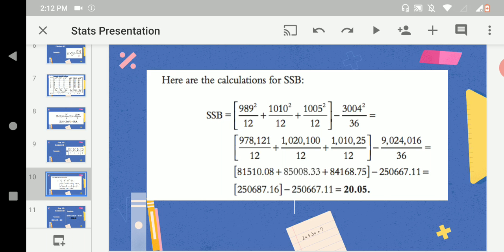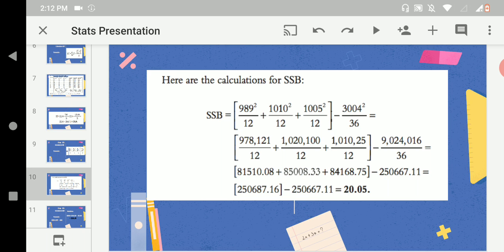And then they are divided by the group population. Next, minus 9,024,016, that's the square of 3004 over 36.